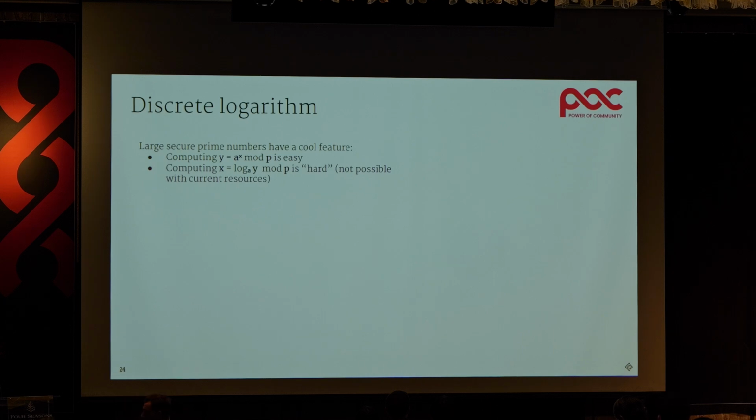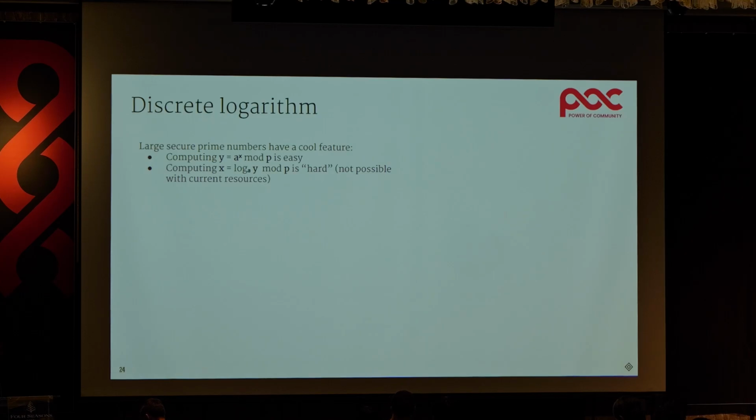To look more into how this works in cryptography, there's a simple primitive that we have to talk about, the discrete logarithm. There is a property of secure prime numbers that if they're large enough, then one operation is very easy.